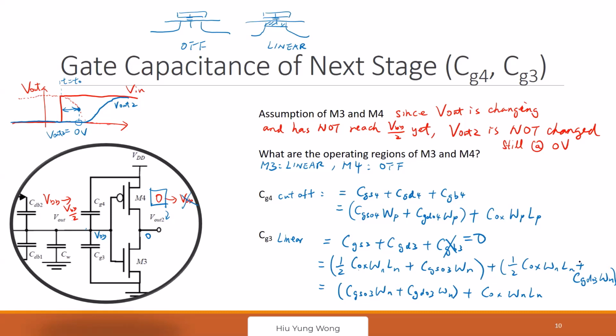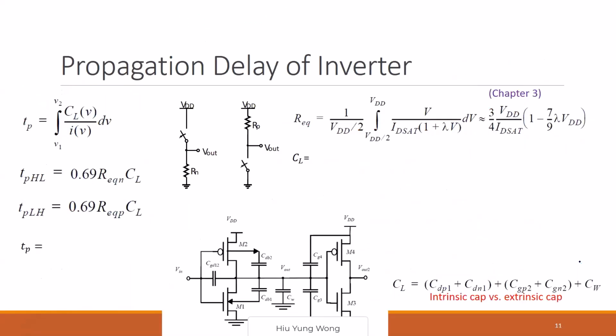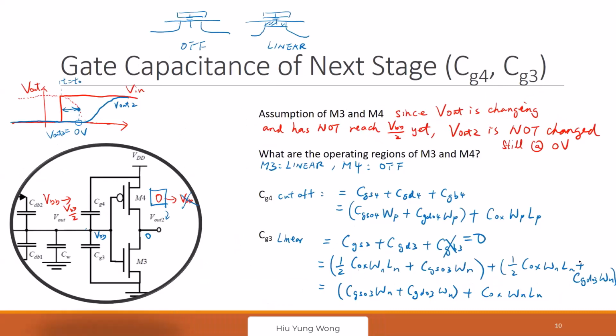Okay, so we are done. We know all the capacitance. Then we can do the propagation delay. In the diagram, we are considering CW, and then CG4 and CG3. But for the first stage, CG4 and CG3 act as a load capacitor.